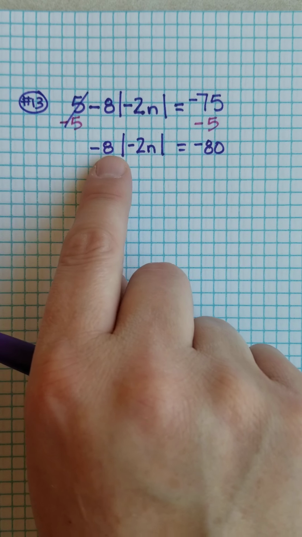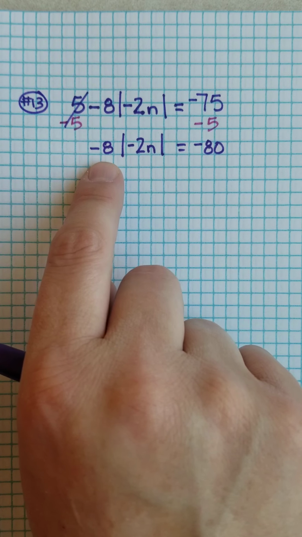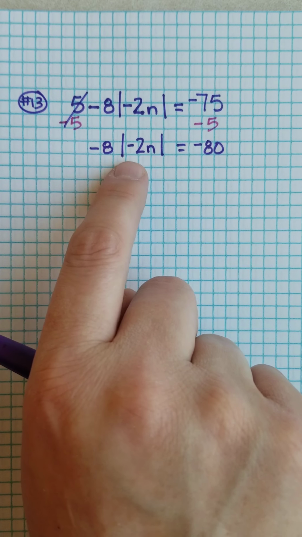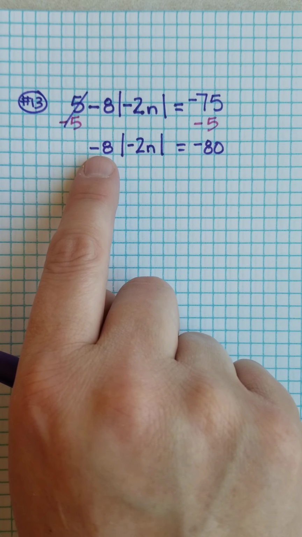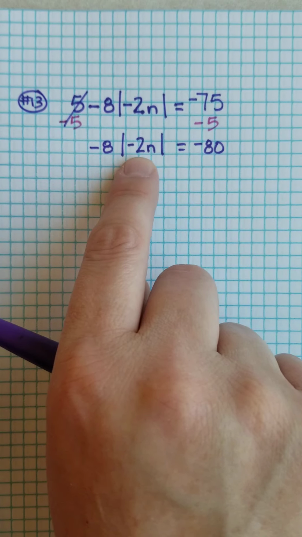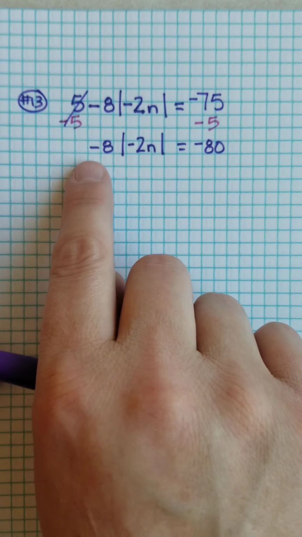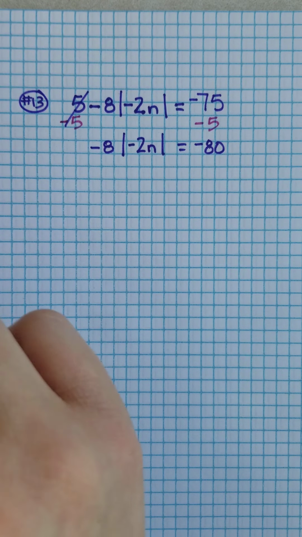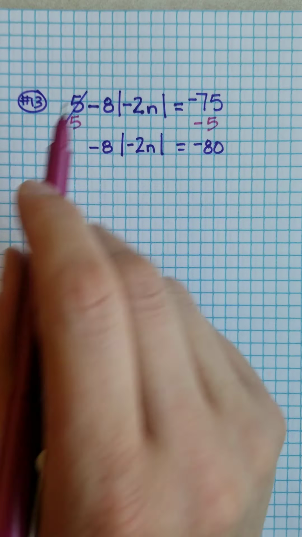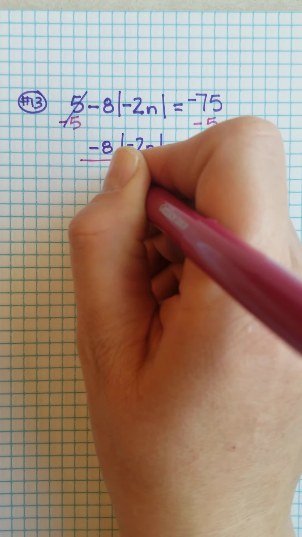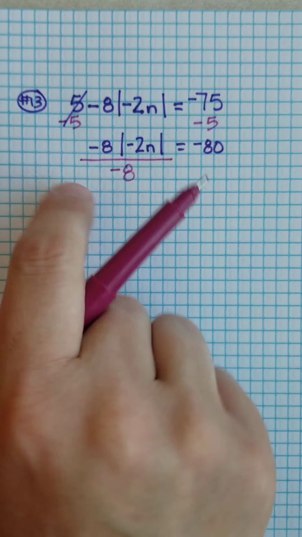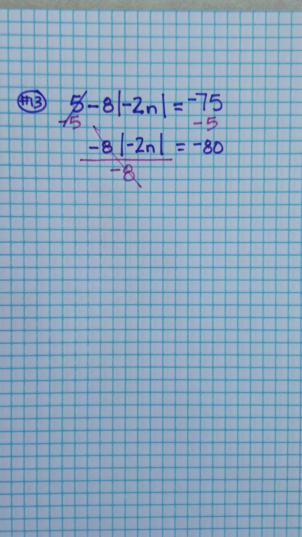So what I need to do is get the negative 8 away from the absolute value of negative 2n. If the absolute value of negative 2n was like x, all we would do is divide. The operation happening here is multiplication, so we want to divide this whole side by negative 8, and this reduces out to 1.